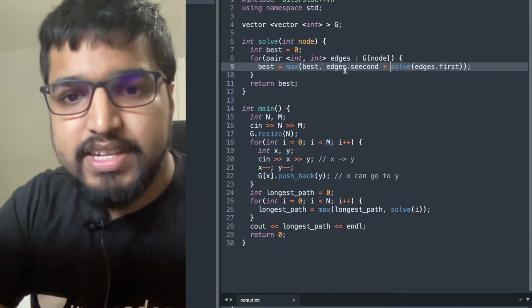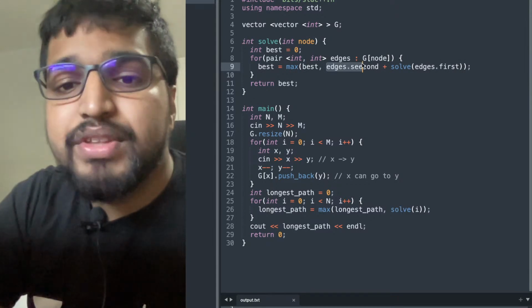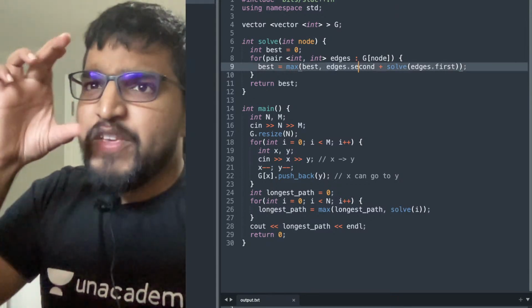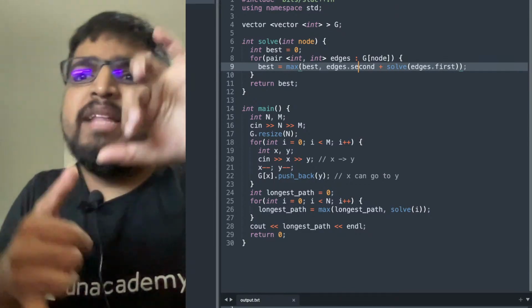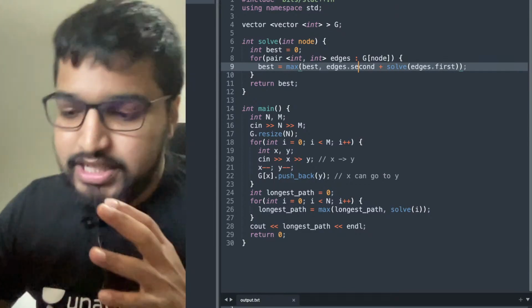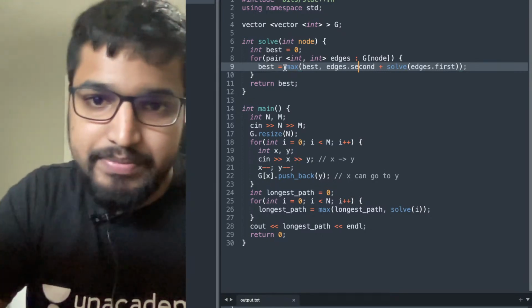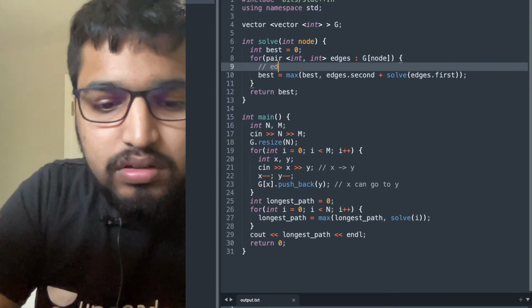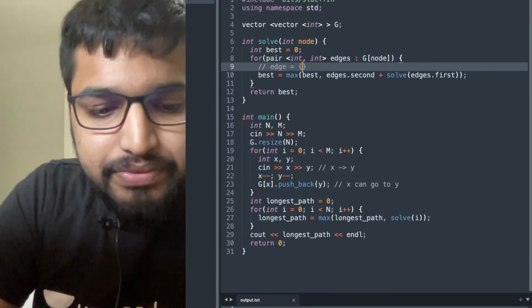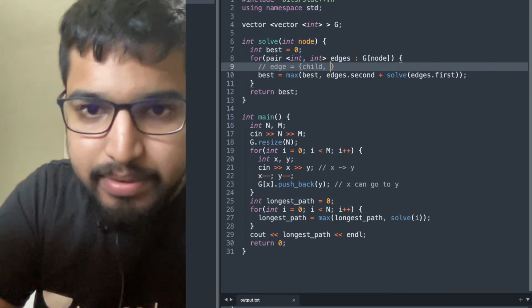That's very simple. Basically, you're taking the maximum of that edge plus the best you can go to. You're taking the maximum of all such edges that you can traverse, the best possible. This is the edge weight, child comma weight.